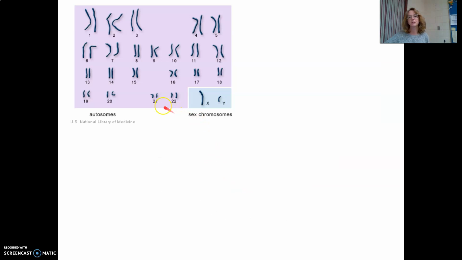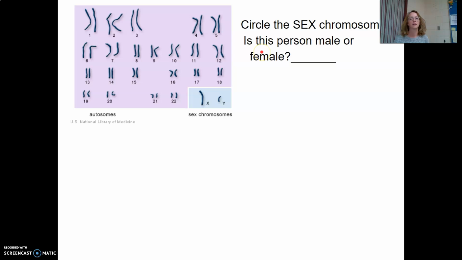So this is a picture of a karyotype of a human chromosome, and there are different types of chromosomes. There are sex chromosomes and there are autosomes. The sex chromosomes are the ones down here, so I want you to circle those in your notes because yours aren't colored. And then is this person a male or female?